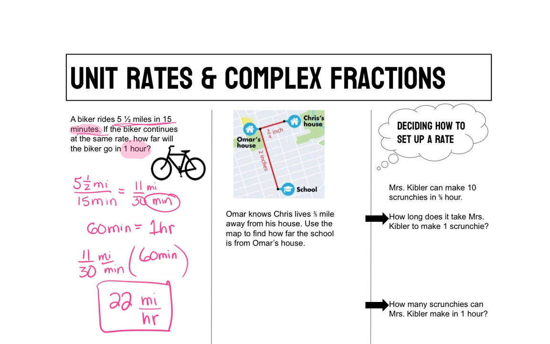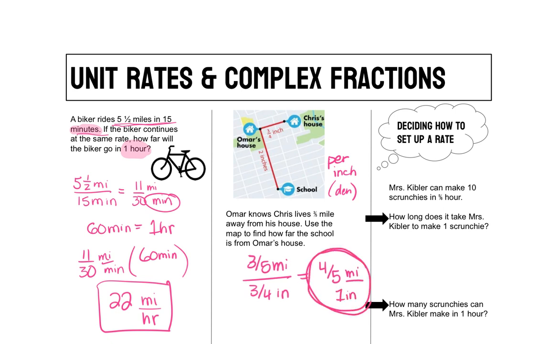We're going to set this up because we want it per inch. We know that inches has to be in the denominator. So we have 3/5 of a mile is 3/4 of an inch. In your calculator, when you divide that out, that should give you 4/5 of a mile per 1 inch. So this is going to help us here, 4/5 of a mile per 1 inch.